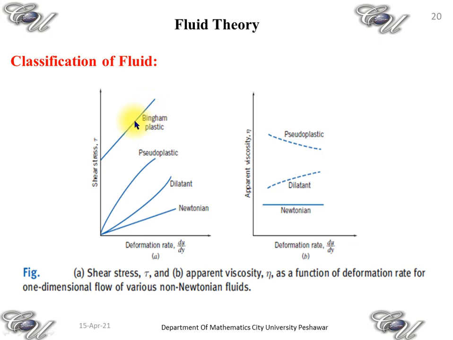For example, blood is also considered as such, or sometimes jelly, which behaves like a solid while we apply stresses, but when the stresses cross the certain limit, it deforms like Newtonian fluids. We call such fluids Bingham plastic fluids.